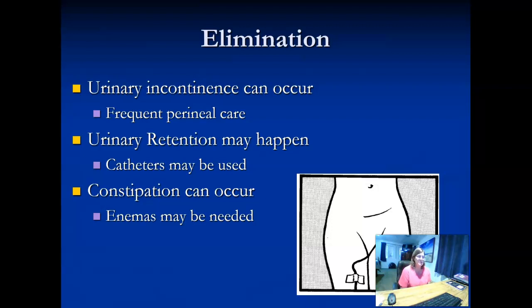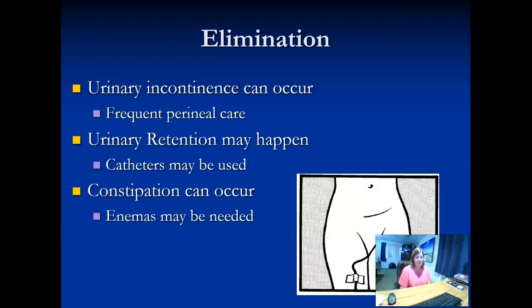But if the person is incontinent and they're dying and it's bothering them, getting them turned and cleaned up so much, if they would prefer a urinary catheter, we will put one in for them if that makes them more comfortable. Yes, urinary catheters increase the risk of urinary tract infections, but if the patient's dying anyway, that's not really our concern right then, and we want to just make sure that we're making them as comfortable as possible.